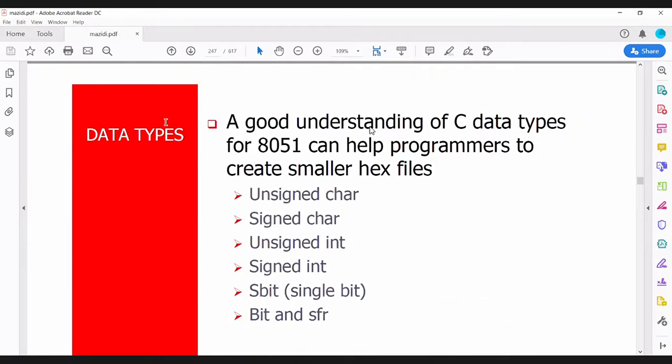A good understanding of C data types for 8051 can help programmers create smaller hex files: unsigned character, signed character, unsigned integer, signed integer, single bit, bit, SFR.